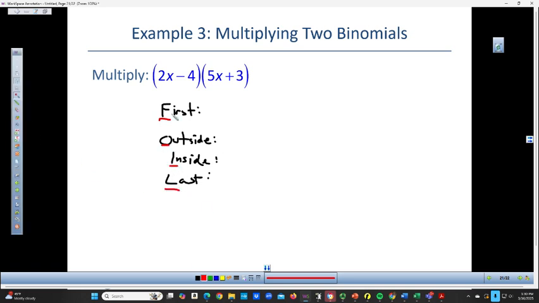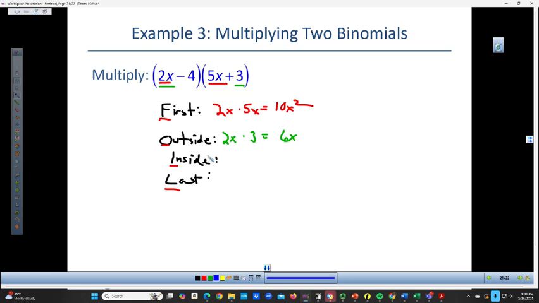So if you look at your first terms, you get 2x times 5x, which will give you 10x squared. Then if you look at your two outside terms, you get the 2x times 3. So 2x times positive 3 is going to give us 6x.